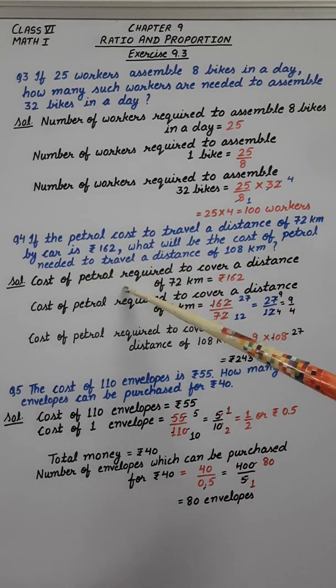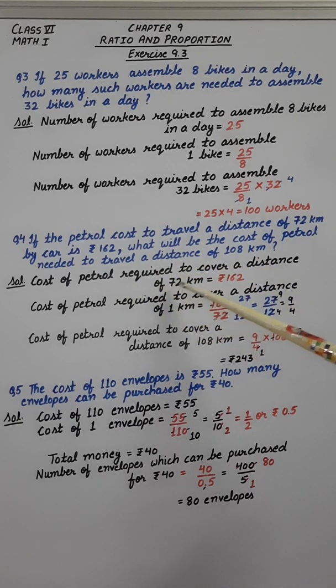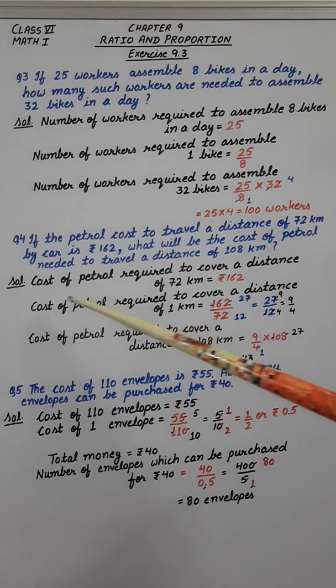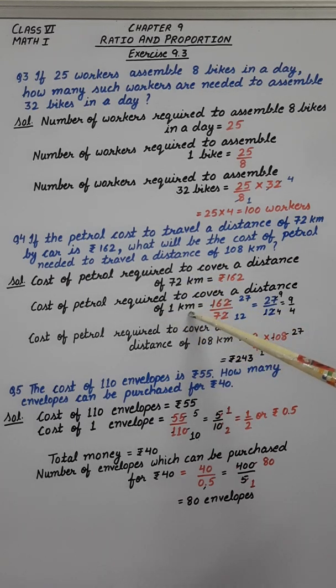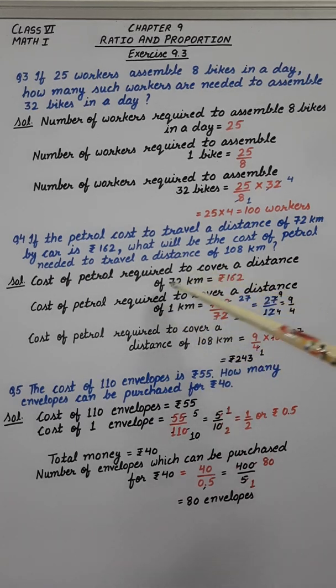The cost of petrol required to cover a distance of 72 km is given as rupees 162. Now we will calculate the cost of petrol required to cover a distance of 1 kilometer.